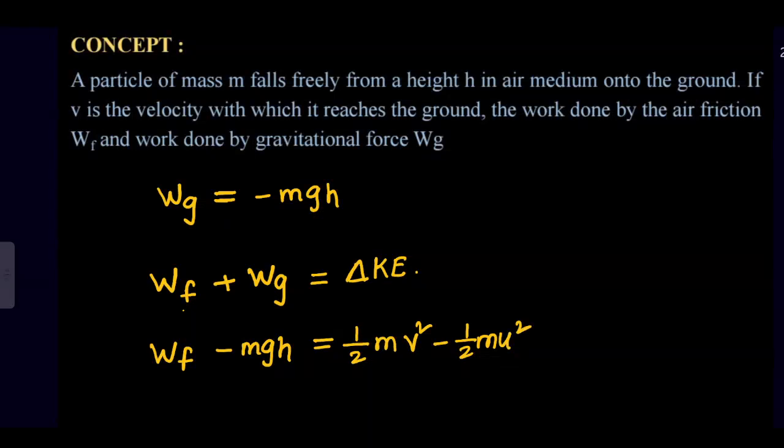They mention this is a freely falling body, so initial velocity is 0. So the work done by the air friction will come to be what? Tell me now. mgh plus what? Half mv square. This is the work done by the air friction.